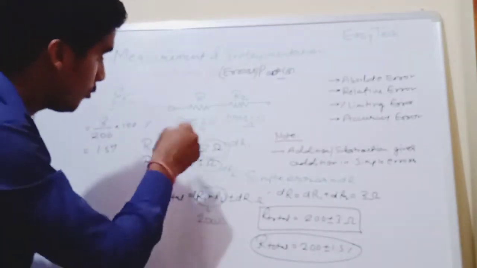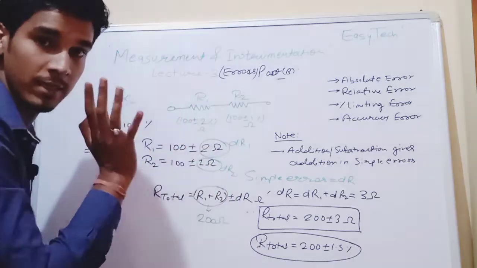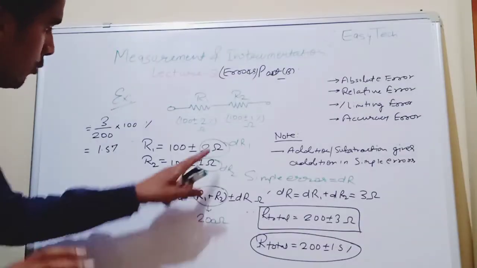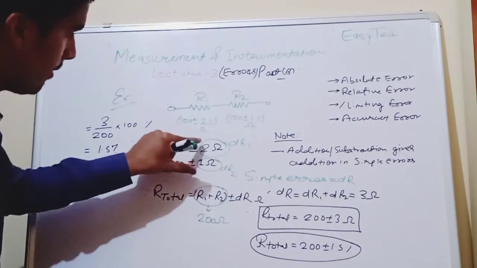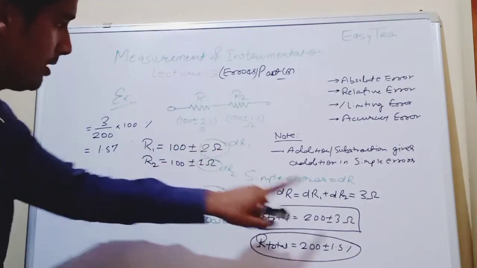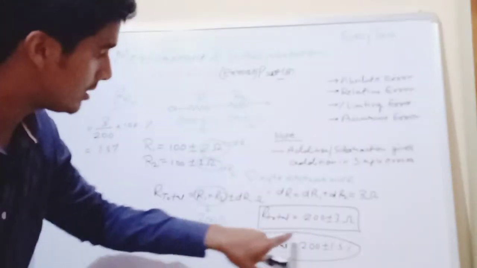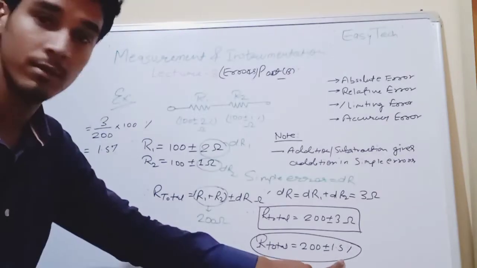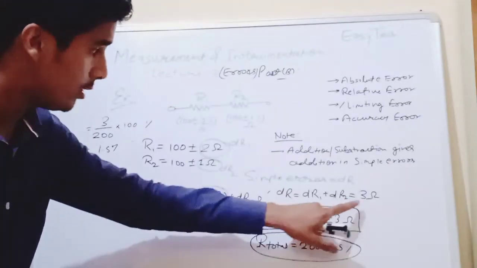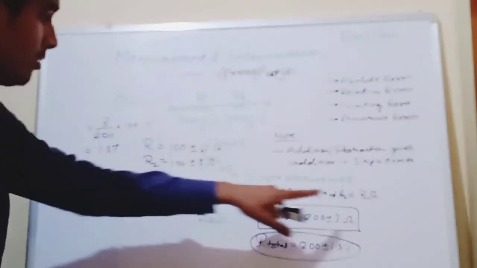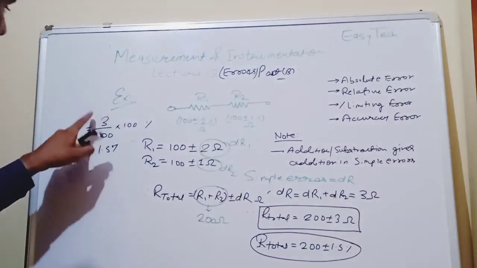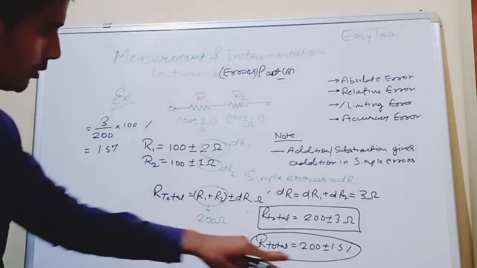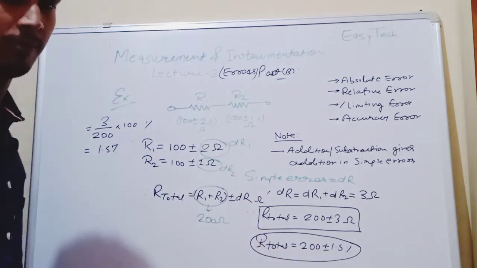So you find the simple error from the percentage limiting error: 2% to 2 ohm, 1% to 1 ohm. Then you add the simple errors: 2 plus 1 is 3 ohm. To express it as percentage limiting error, you take the weightage of 3 ohm with respect to 200: 3 divided by 200 multiplied by 100 is 1.5%. So it will be 200 plus minus 1.5%.